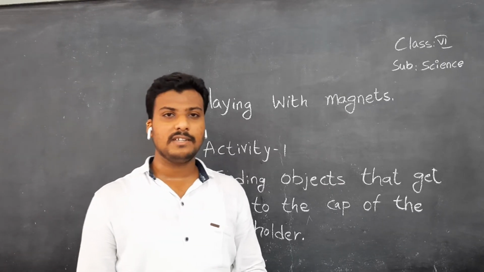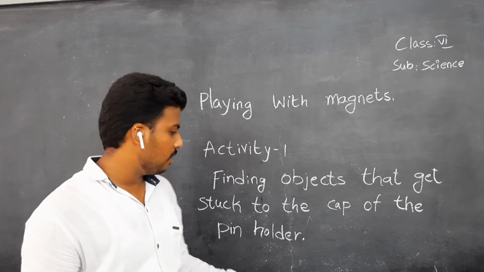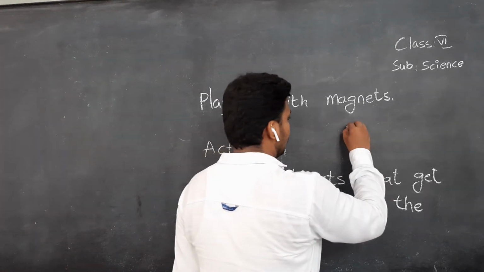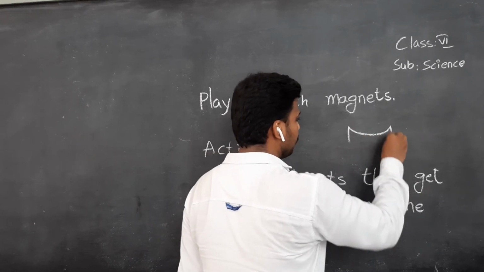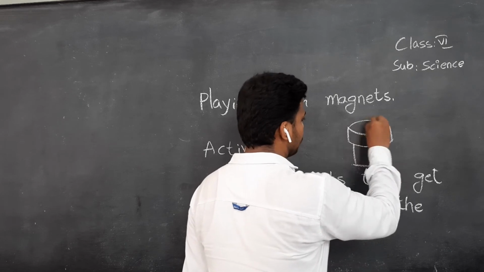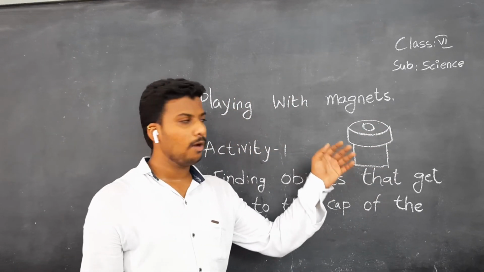Why? What's the reason? Because the pin holder you have dropped the objects into contains a magnet. Children, look here. See, this is a pin holder you will find in our school office room.